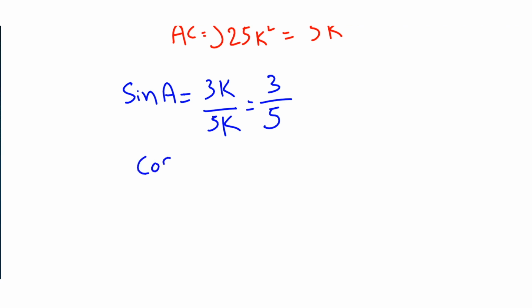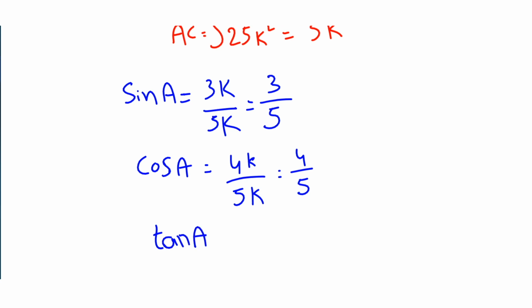And cos A equals adjacent side of angle A by hypotenuse, so 4K by 5K, that equals 4 by 5. The tan A value is already given, so tan A equals 3 by 4.